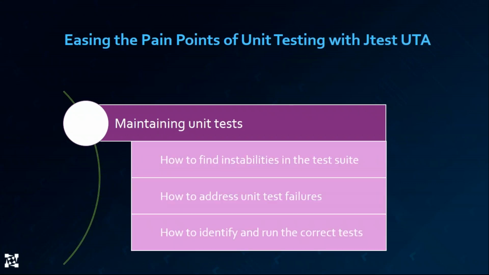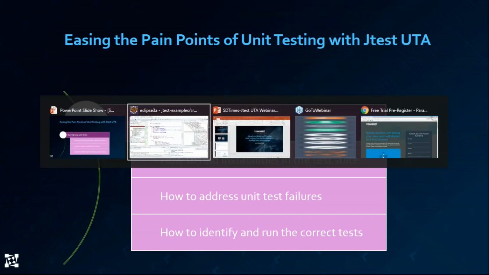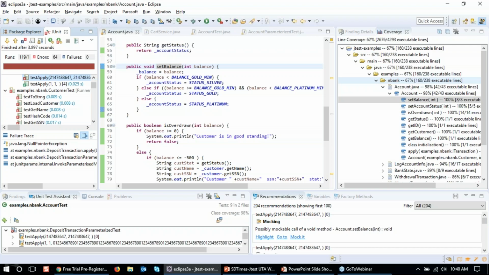As you go through the maintenance of it, UTA can help find instabilities in your test suite. Then we can also look at how to address those unit test failures. UTA can also help identify and execute the correct tests based on the code changes you've made. So let's go back into the IDE and continue from where we left off here.